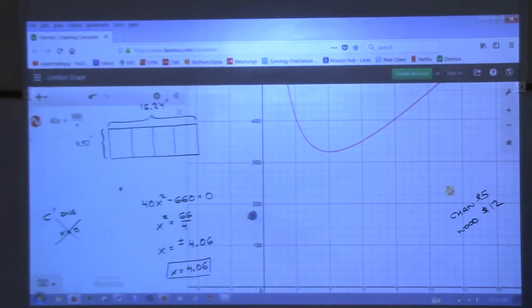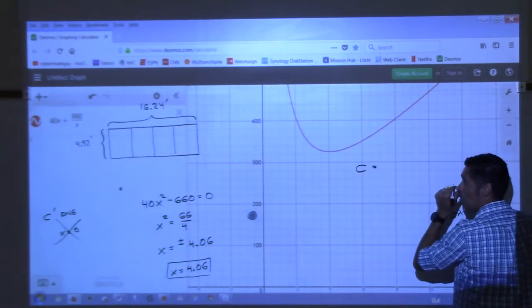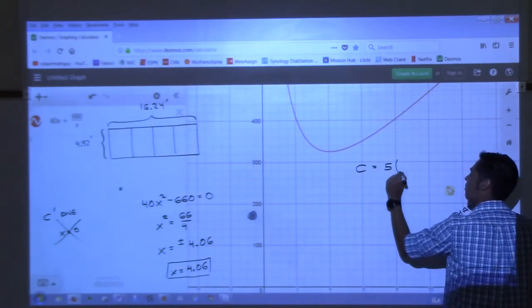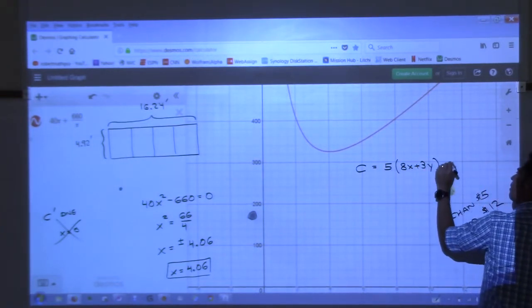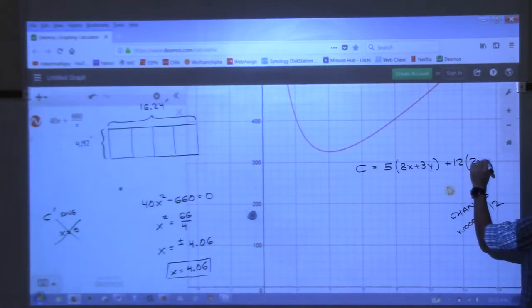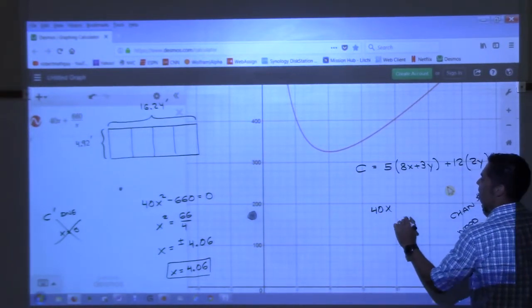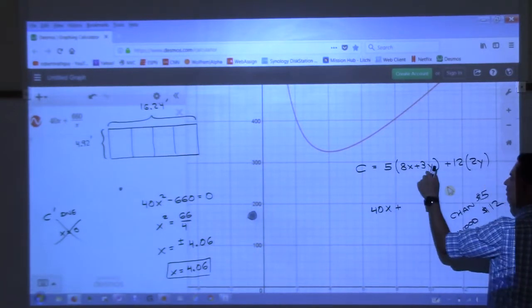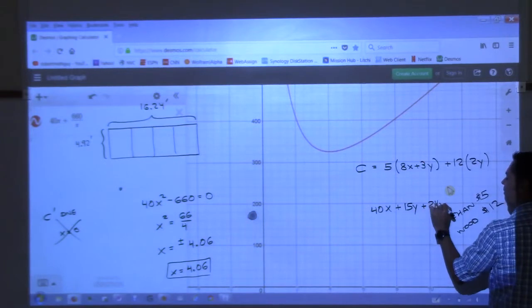Then the way that would have changed our cost function is that our cost, which was 5 times 8x plus 3y, now becomes 12 times 2y. That would become 40x plus 15y still, but now this would be 24y.